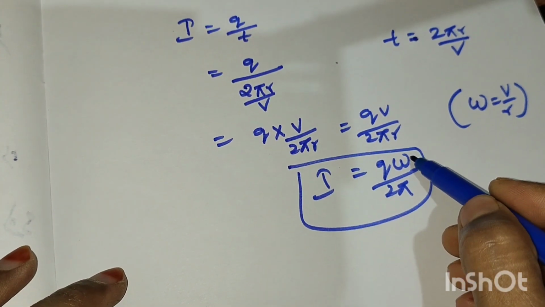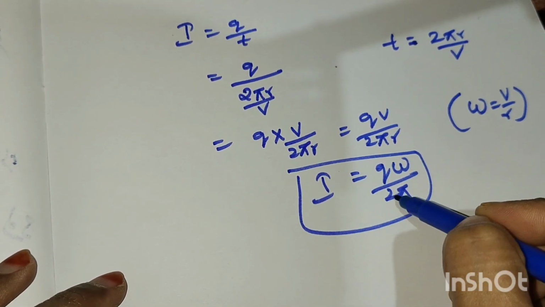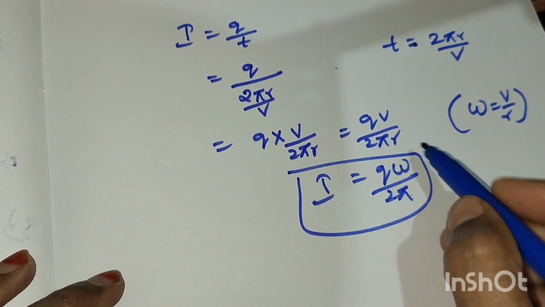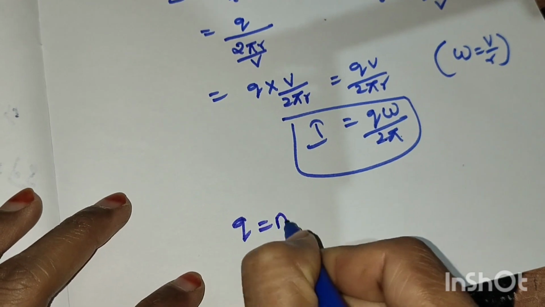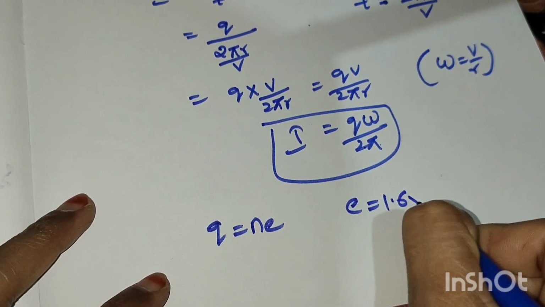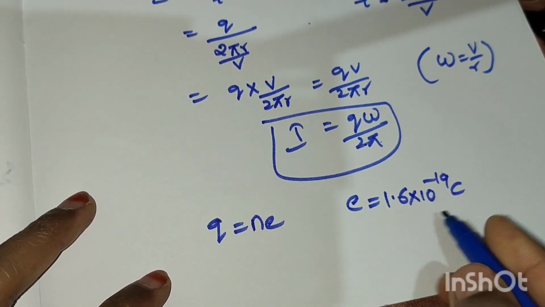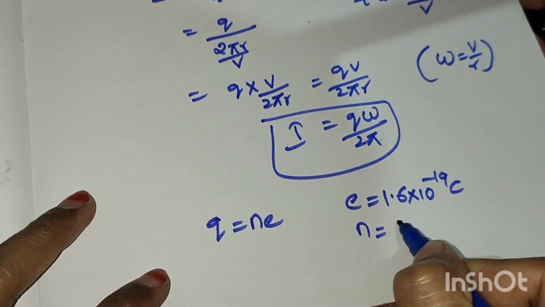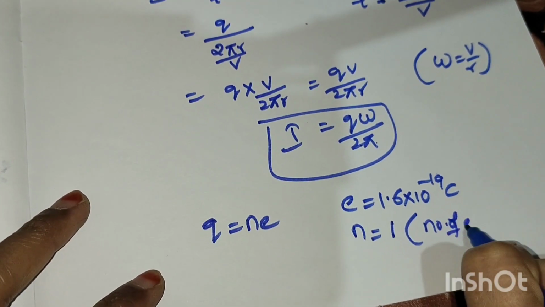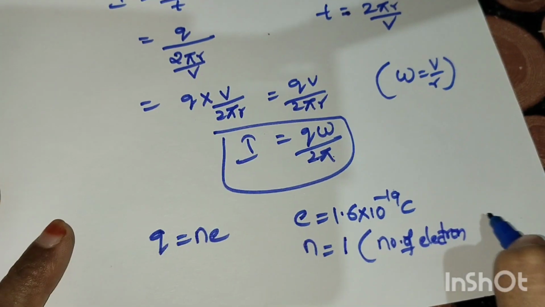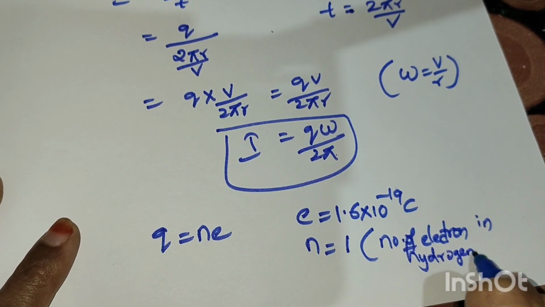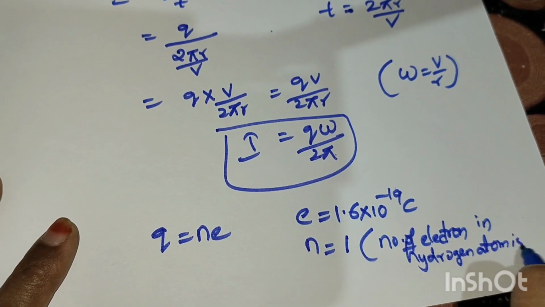So we have the value of omega here. We know the value of pi is 3.14, but we don't know the value of Q. What is Q? Q is equal to NE. We know the value of E, that is 1.6 into 10 power minus 19 coulomb, and N is taken as 1. Why? Because the number of electrons in a hydrogen atom is 1.